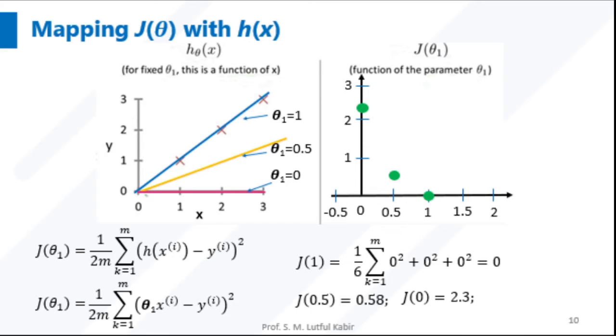So in the plot on the right hand side, J of theta 1 is equal to 2.3 for theta 1 equal to 0. If theta 1 is minus 0.5, that corresponds to a hypothesis with a slope of minus 0.5. And you can keep on computing these errors, and it works out to be something like 5.25 as the value of J, and so on.